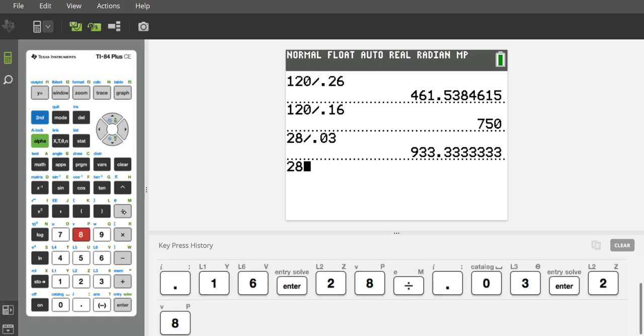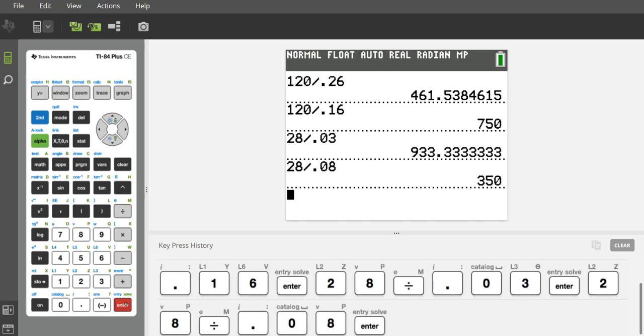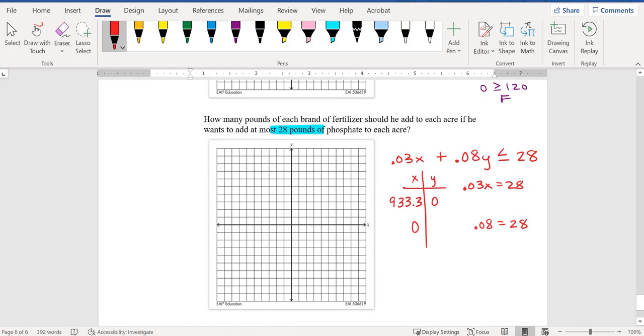So 28 divided by 0.08 is 350. So if I do 350 on my y-axis and 933.3 on my x-axis, that's where my points are. It's less than or equal to, so it's a solid line.